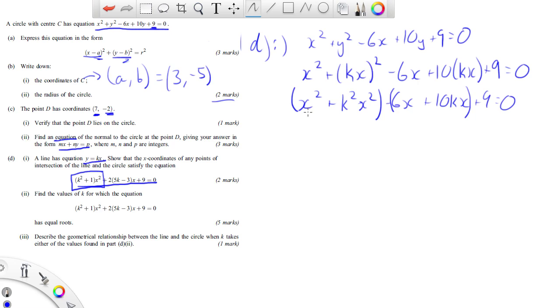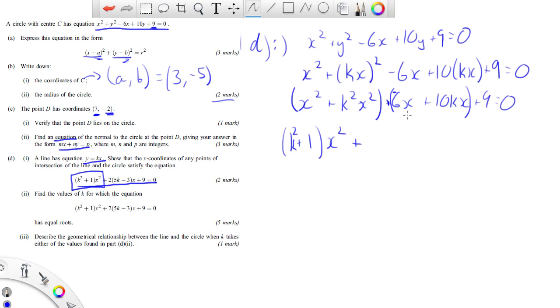So here, if I factor out an x squared, I'll be left with 1 plus k squared, or let's make that look like they have it written. So k squared plus 1. Next I have a plus. I left this minus here, so really we could have made this a plus negative 6x.